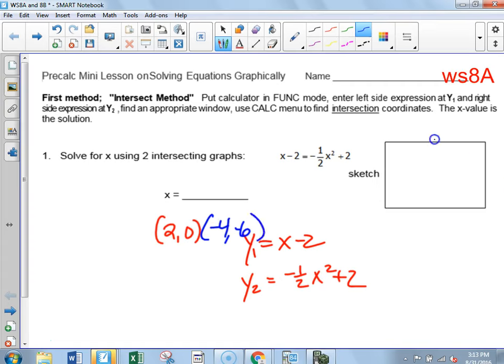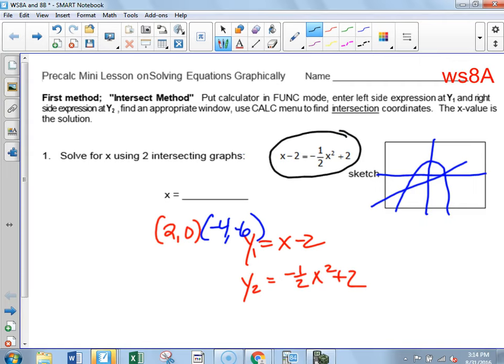Okay, really quick sketch, which mine will be bad, I promise. Okay. Why, if this was the original question, why is it wrong to write 2, 0 and -4, -6? Is there a y anywhere in this equation?